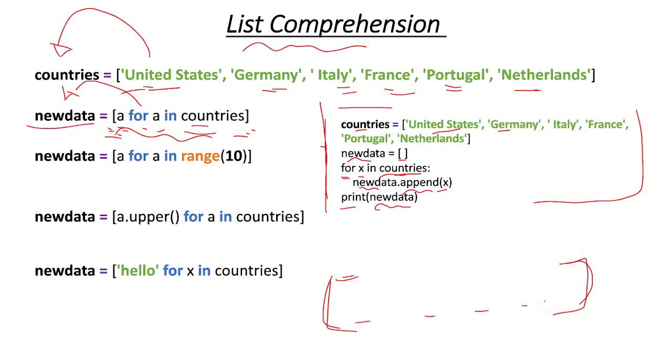Now here we have another form of using list comprehension. This time we have the range function. So the range function will generate 10 integer values starting from 0 and ending at 9. So we have 0, 1, 2, 3, and so on, until the integer 9.